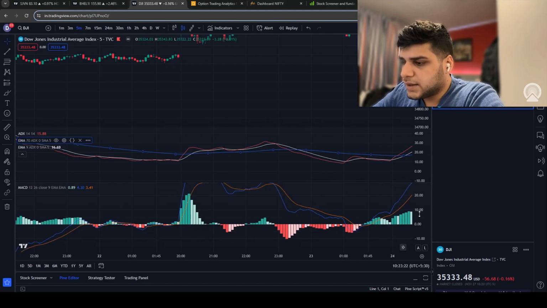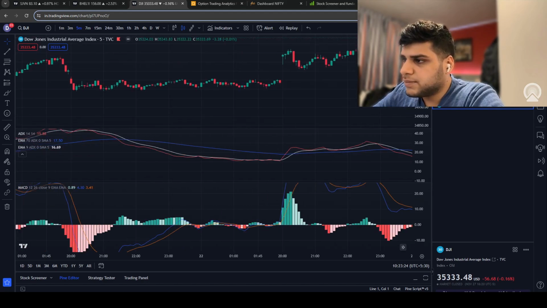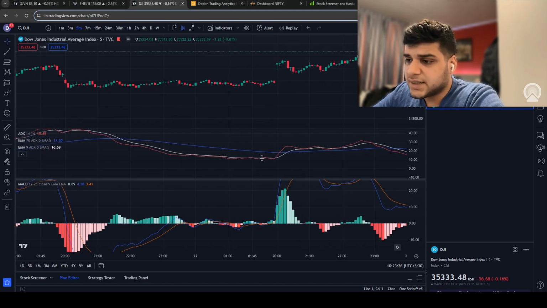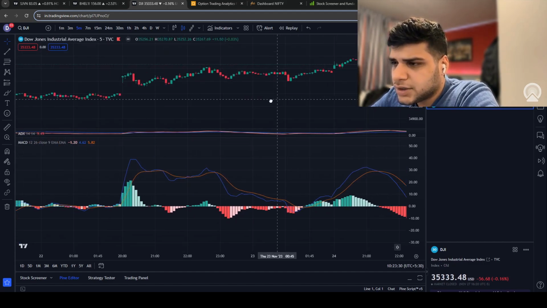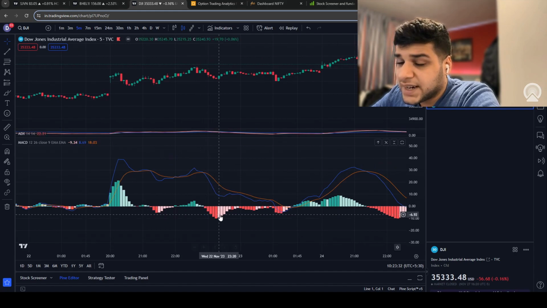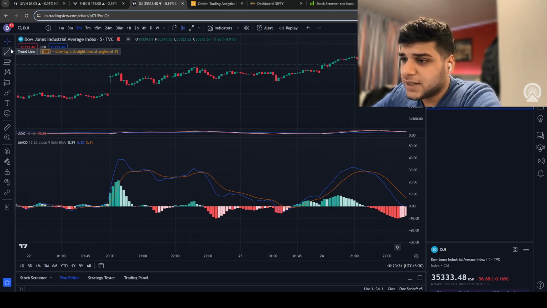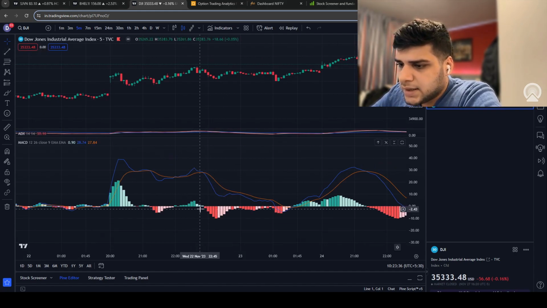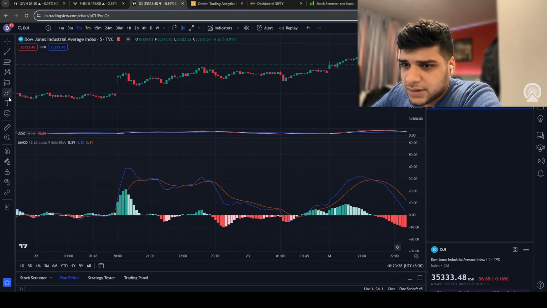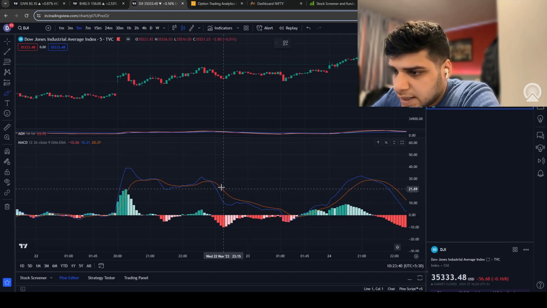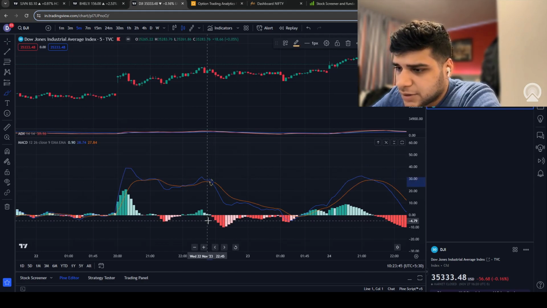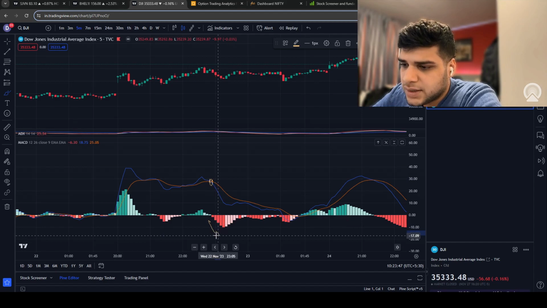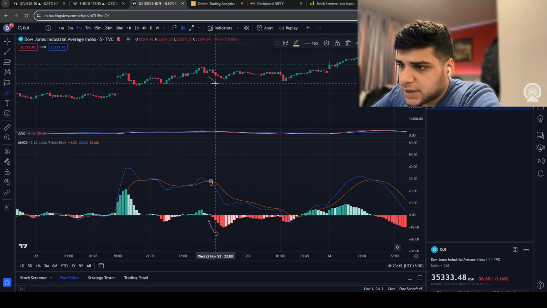So that, of course, friends, is MACD and ADX. I'll shut down the ADX for now and just talk a little bit more about the negative side of MACD because I haven't done that yet. You can see here when the blue line crossed below the orange line, we saw the start of the red bars and price started moving down.